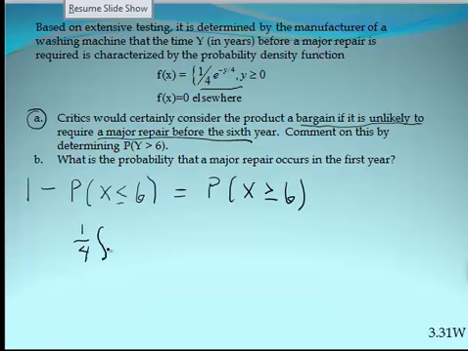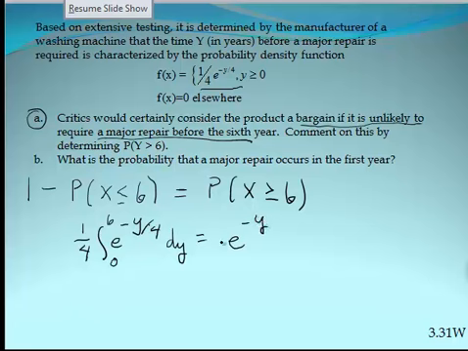1/4 e to the minus y over 4, and we're going to integrate from 0 to 6 dy, we'll have e to the minus y, and we have a 4 upstairs and a 4 downstairs, so those cancel.